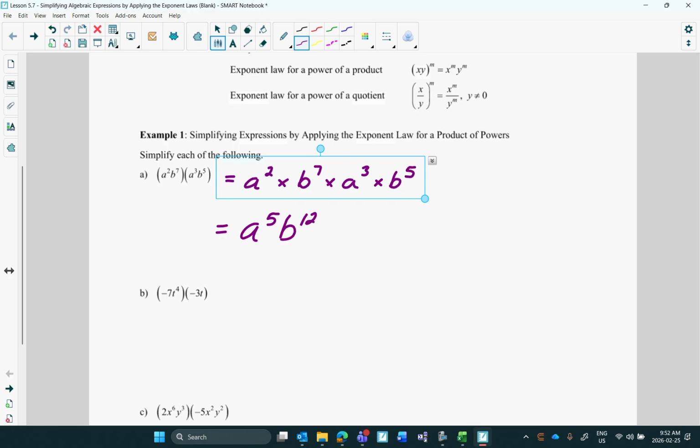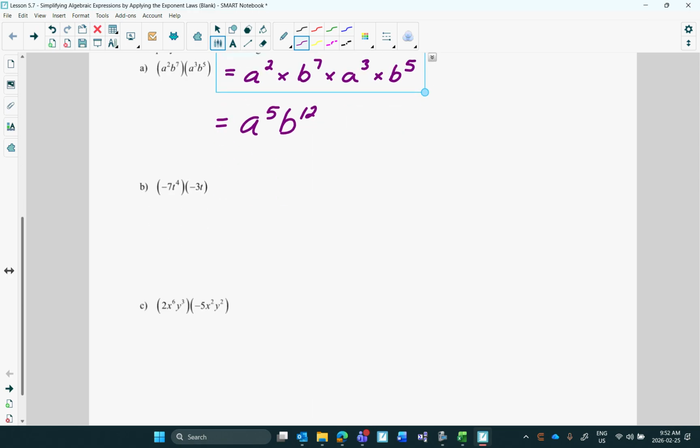Now, what happens if there's numbers in front? Do you remember the name we give to numbers in front of variables? What letter does it begin with?